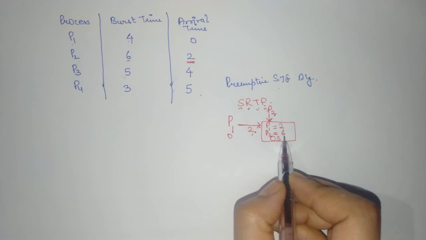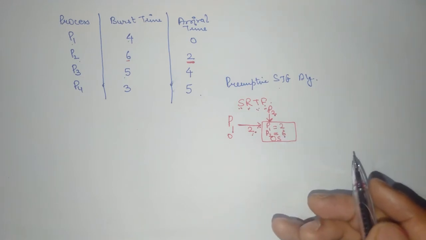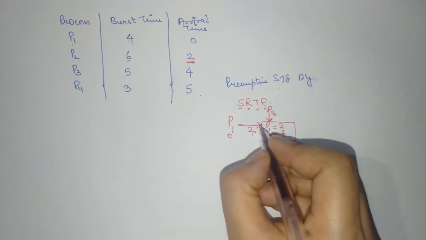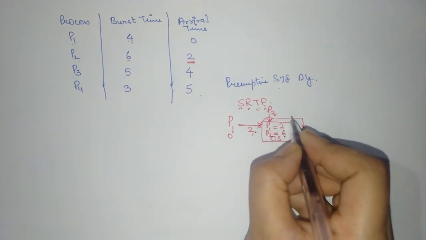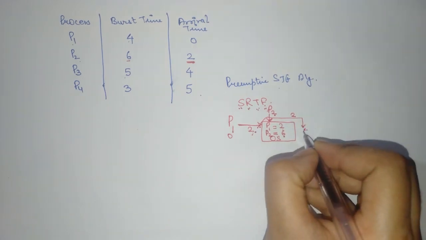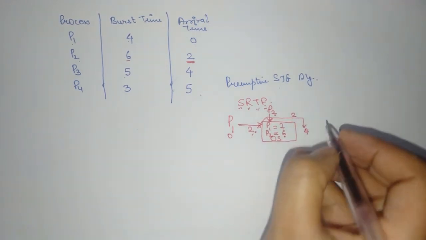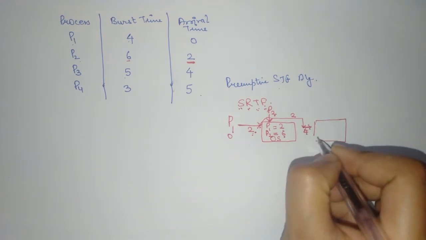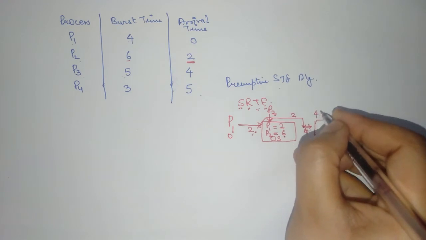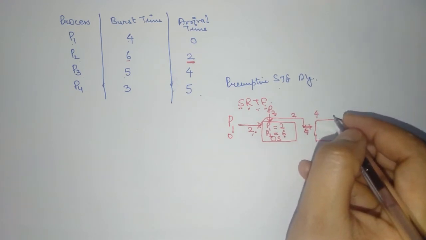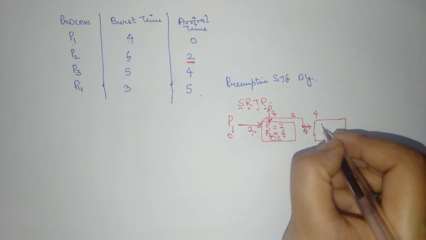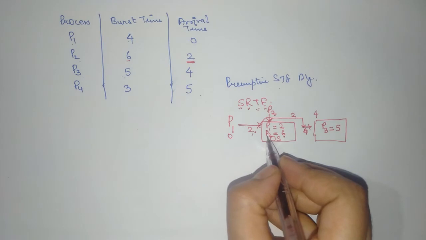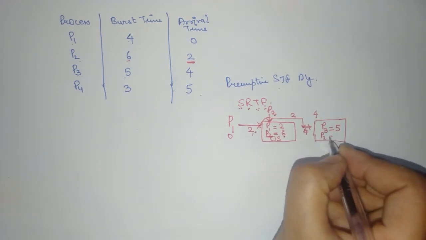So definitely the smaller one will get CPU. Now P1 will continue its execution. After 2 milliseconds, when the time of the machine is 4, a new process entered the ready queue, and the name of this process is P3, and its burst time is 5, and P2 is still residing in the ready queue.